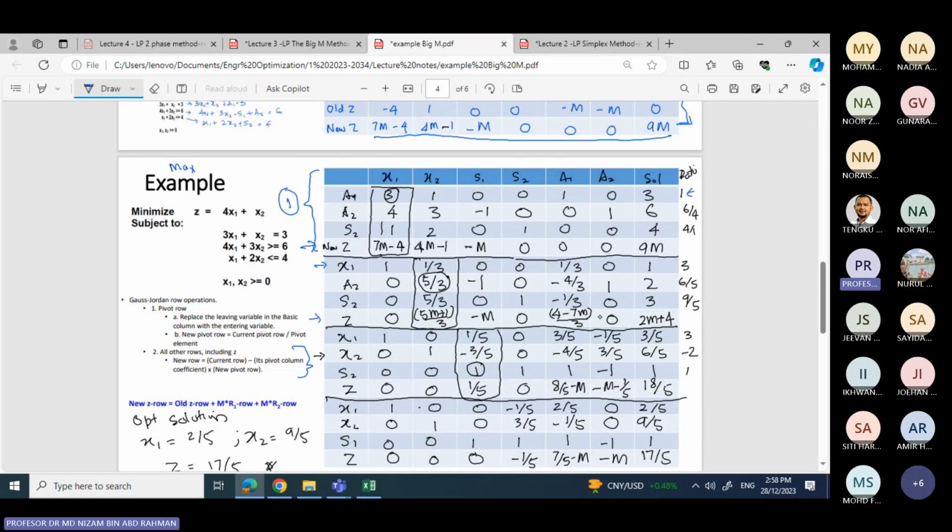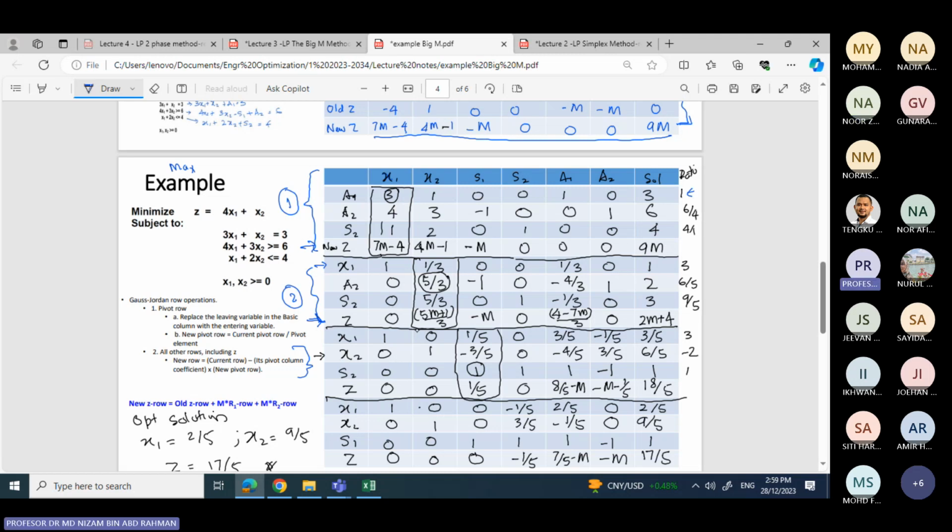So again, you look at this, and you want to check the optimality conditions, whether this is optimum or not. So is this solution optimum? No. Anybody? Why not optimum? Still have a positive value.